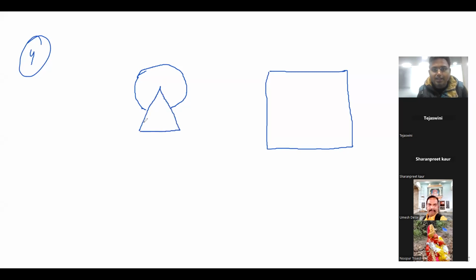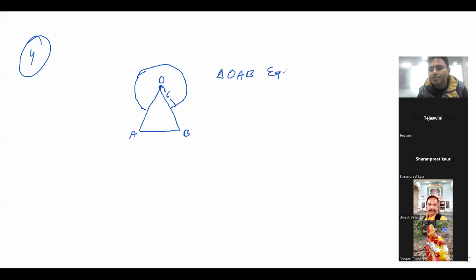All of you can see this diagram. If you are solving your textbook, you can see this figure, right? This one is the center of the circle, and this one is O. This radius is 6, and triangle OAB is an equilateral triangle.